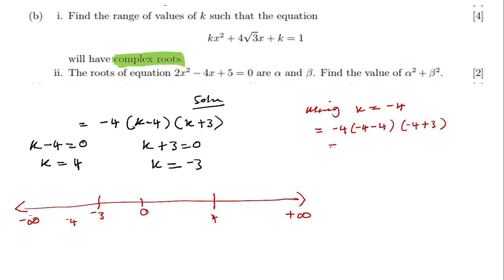This will give you negative 4 times negative 8 times negative 1. So if you multiply negative times negative times negative, the answer will be what? A negative.